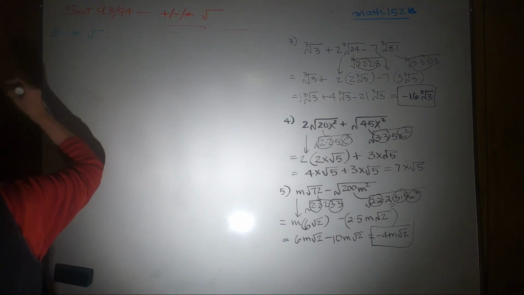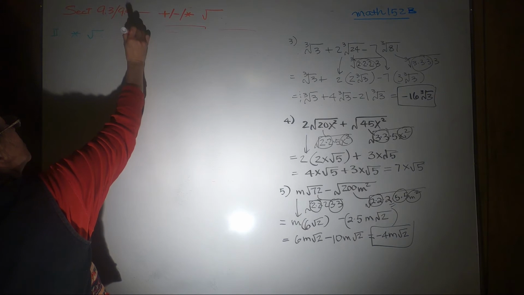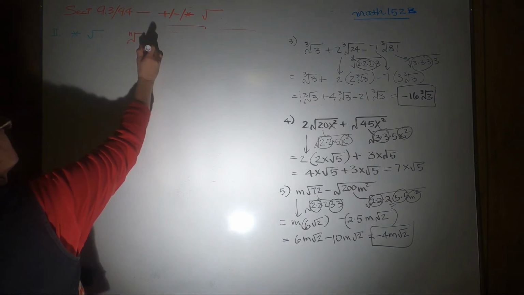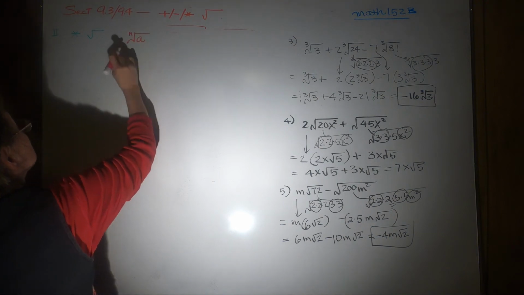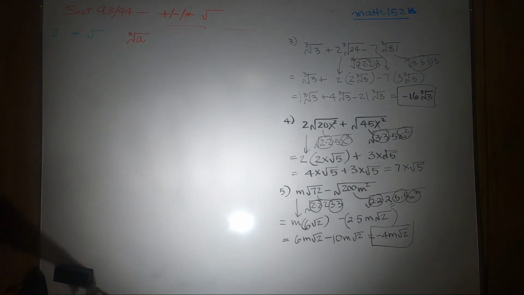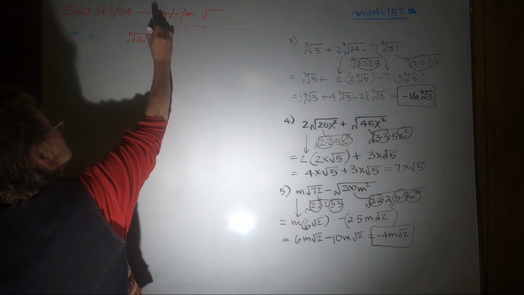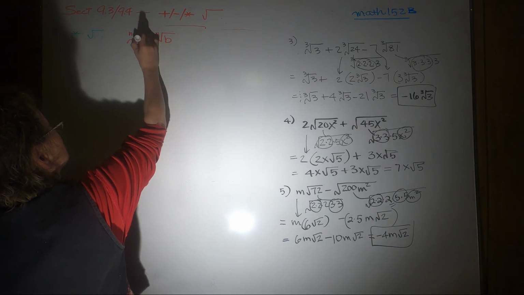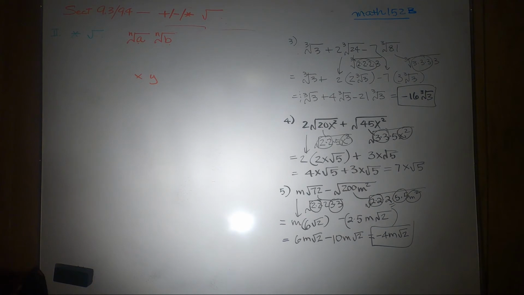Then we do multiplying. So multiplying is this, right? If you have the same index, the same radicals, just like your x and y, then what do you do?